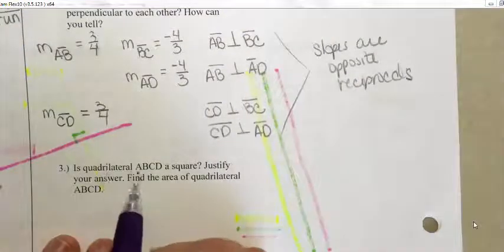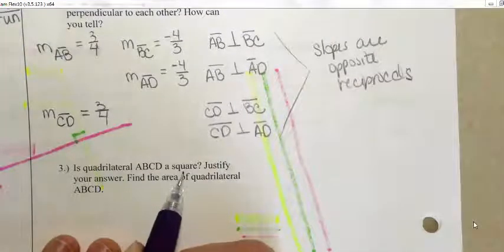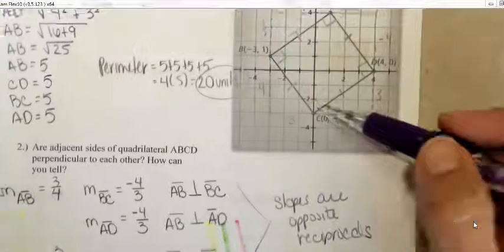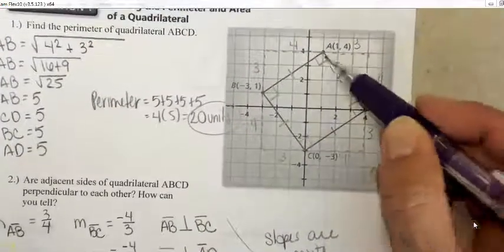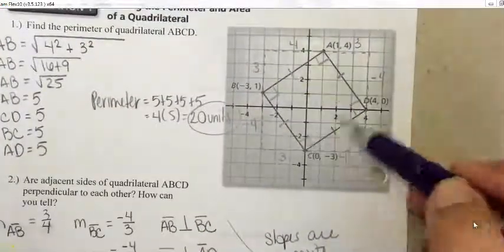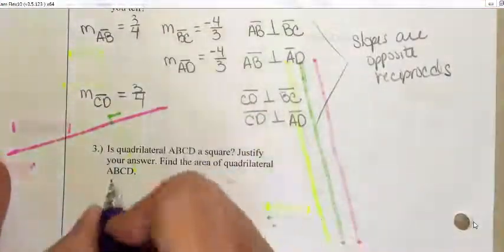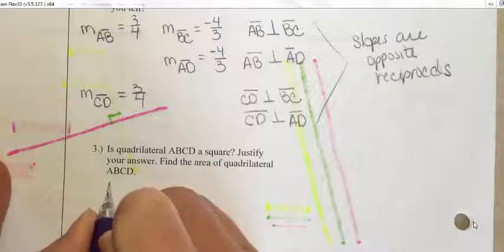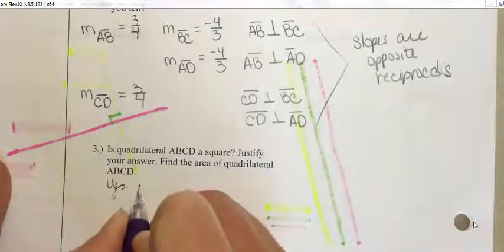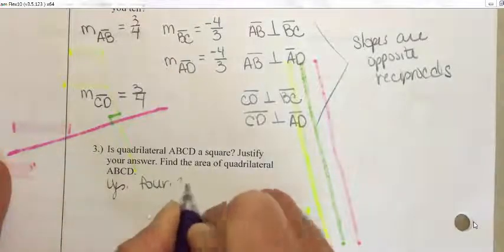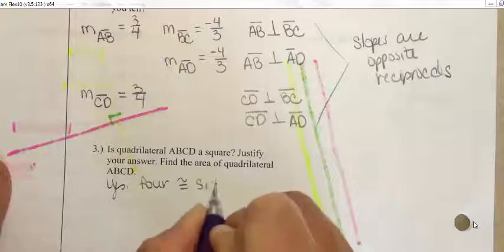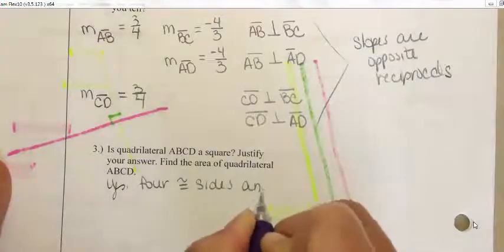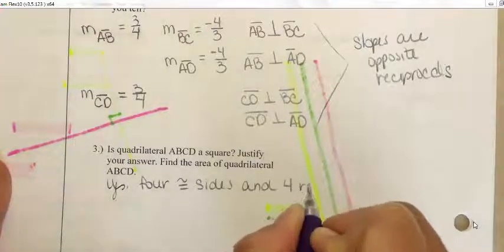Is quadrilateral ABCD a square? Heck yeah, it is, right? We got 4 right angles and 4 congruent sides. So justify your answer. So we'll say yes. We have 4 congruent sides and 4 right angles.